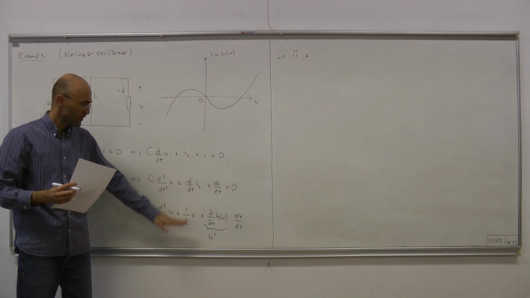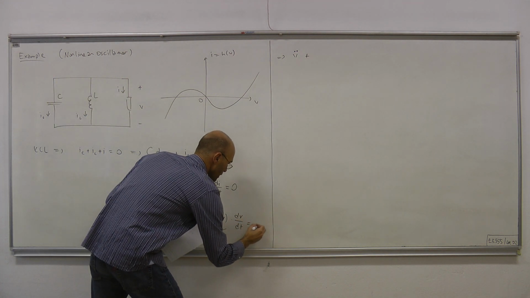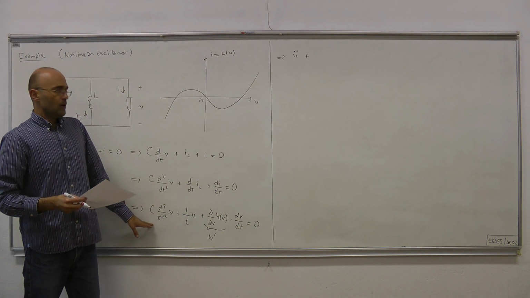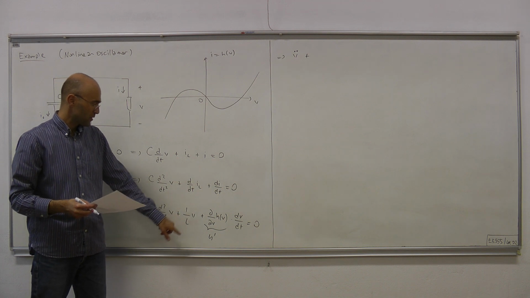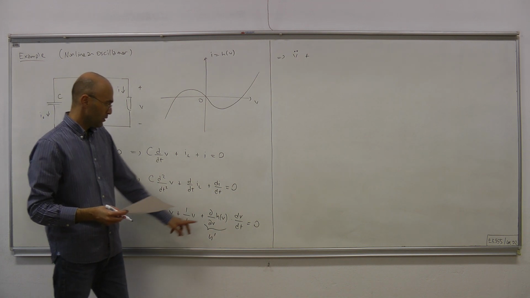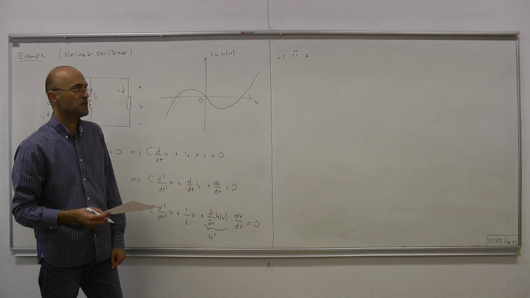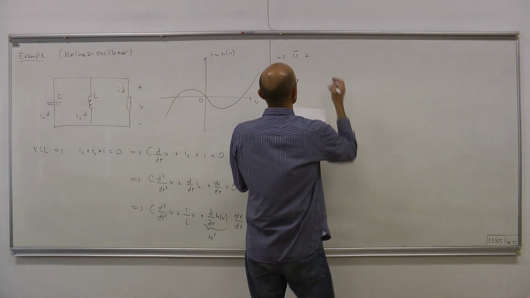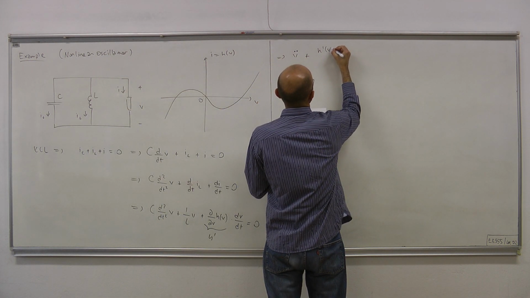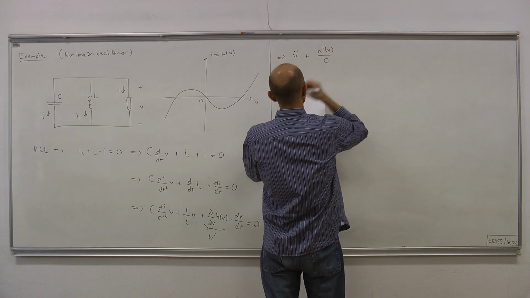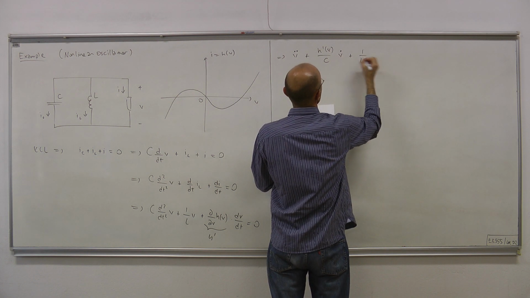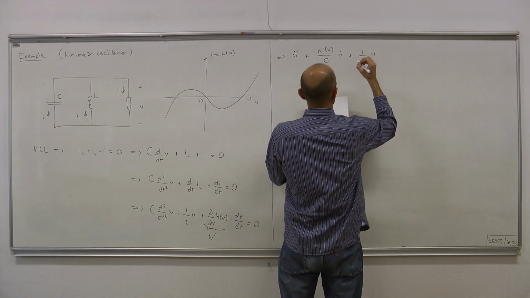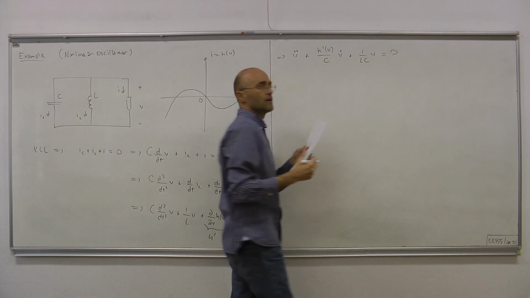We divide everything by C, and what we have is V double dot plus H prime(V) over C times V dot plus 1 over LC V, and that equals 0.